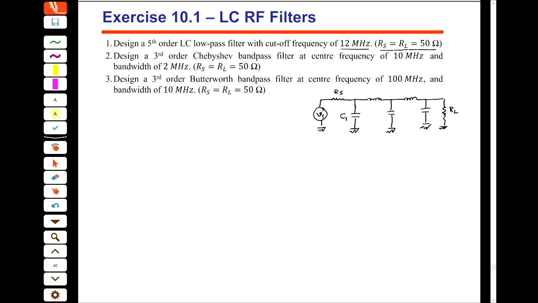We say this is C1, this is L2, this is C3, L4, and C5. So we want to design a fifth order filter, with RS equal to RL equal to 50 ohm.